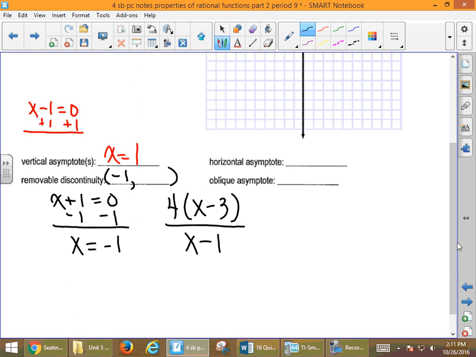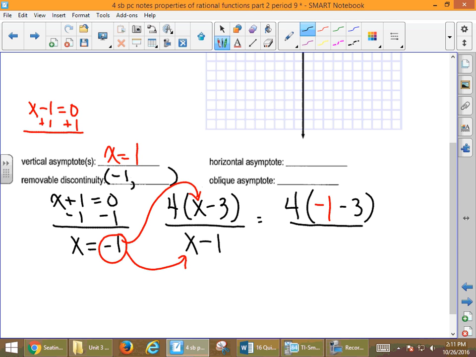And we're going to take this value of negative 1 now. We're going to put that negative 1 back in for this x, but we're also going to put it back in for this x to figure out that other value. So it's going to be 4 times negative 1 minus 3 divided by negative 1 minus 1.